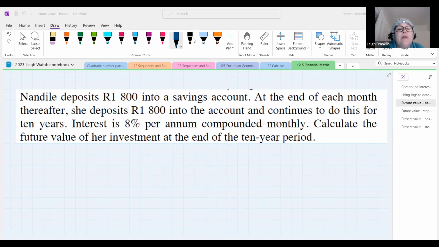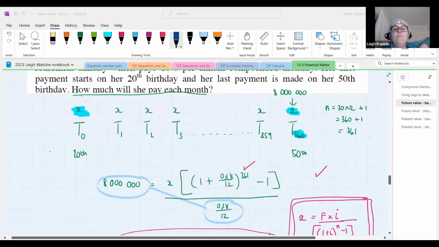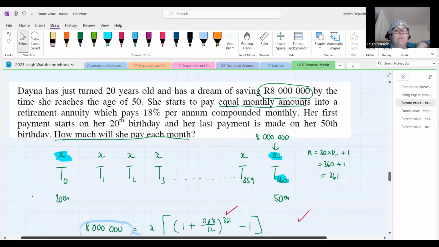But now what we would have to do here is calculate the future value. So tell you what, why don't we go back to something that we already know the answer to and try and do it over here. Okay, so let's go back to this particular question.